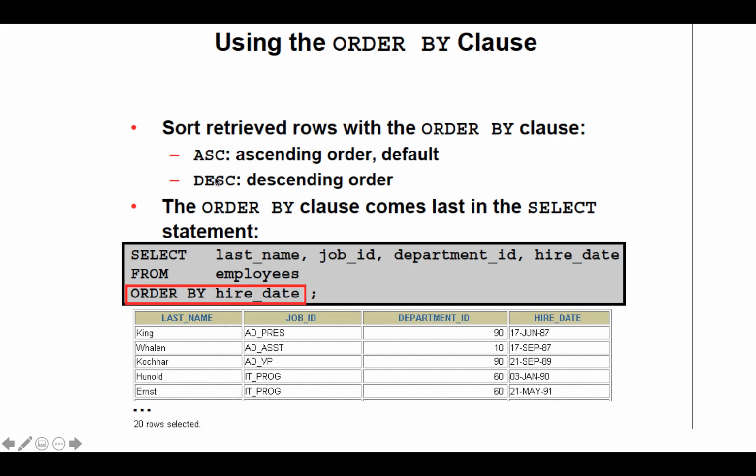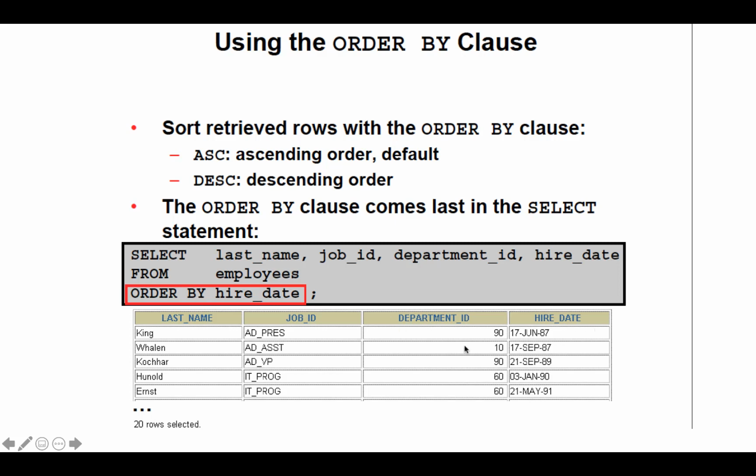In this query statement I haven't specified whether it's ascending or descending, so by default it takes it as ascending. Otherwise I can put descending. So I select these 4 fields from employees, order by hire date, so it's going to be ascending, as can be seen here.